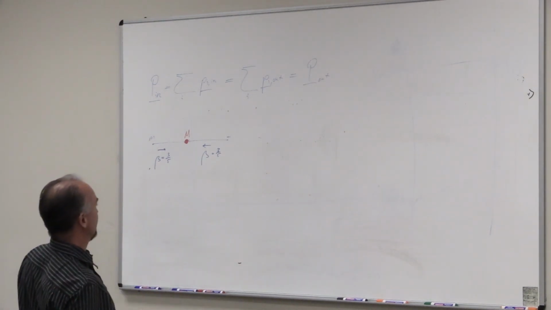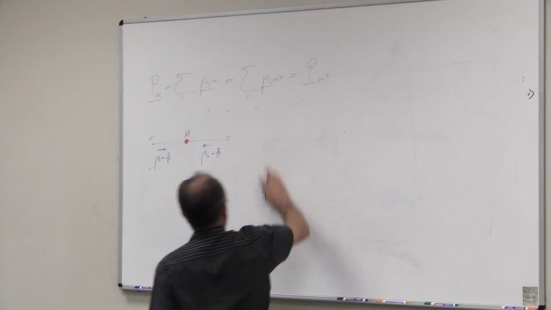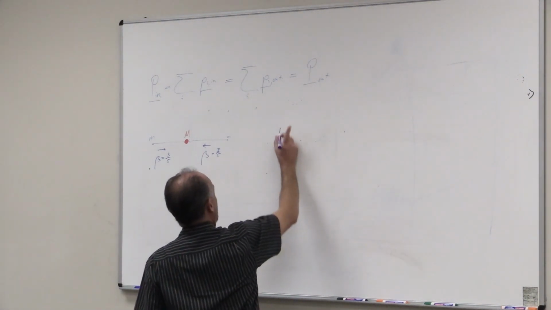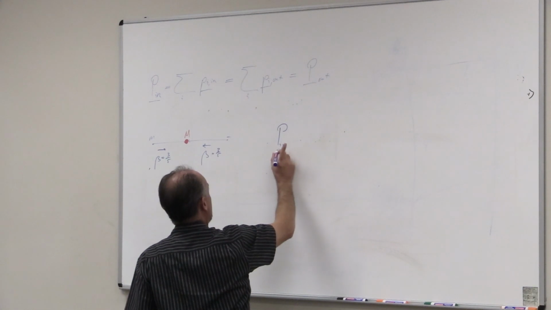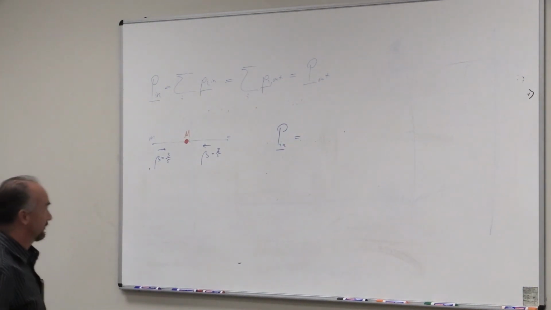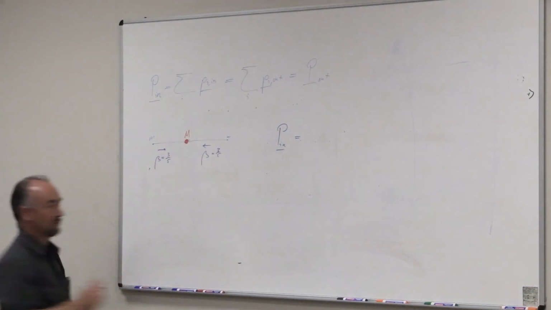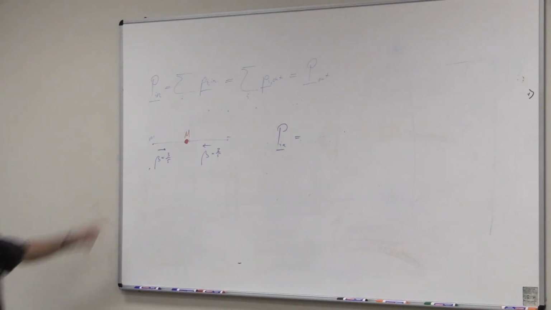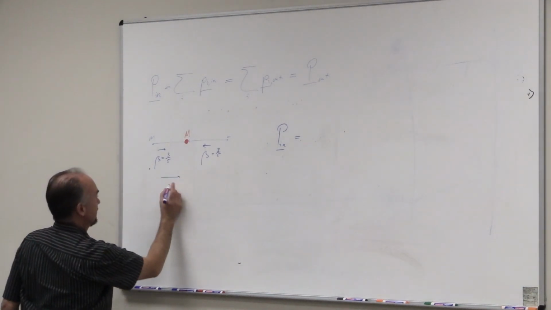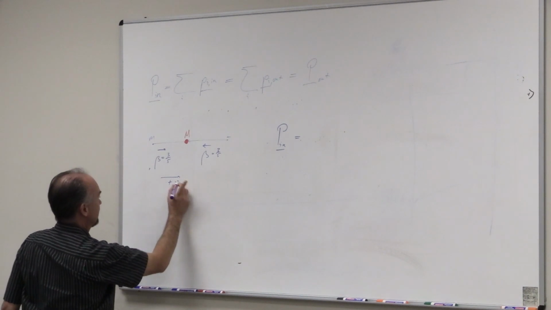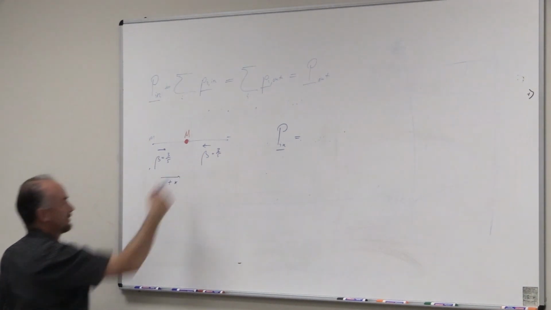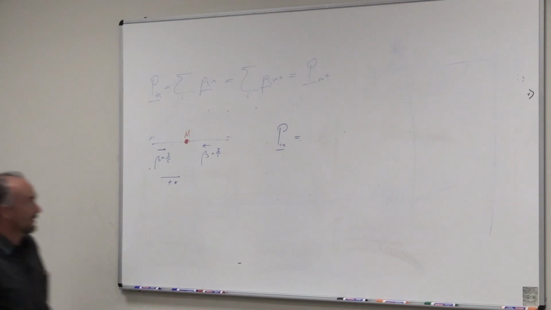Okay, so to do that, we can say what is the total momentum going in. So of course the sum of the four-momenta of these two particles, right? So let's say this one goes in the positive x direction, and this one goes in the negative x direction. See that?